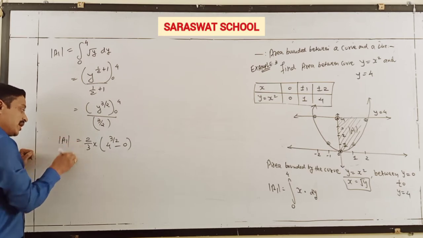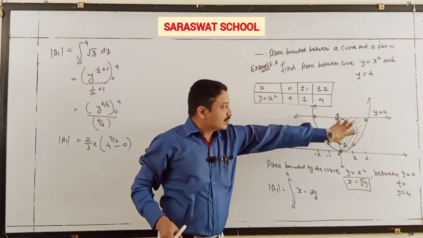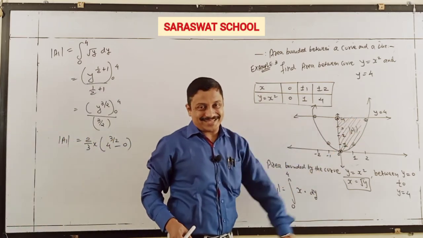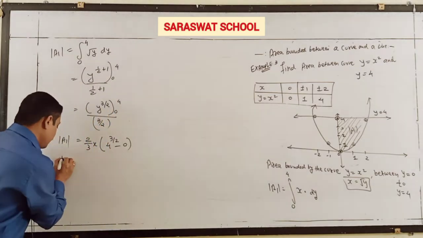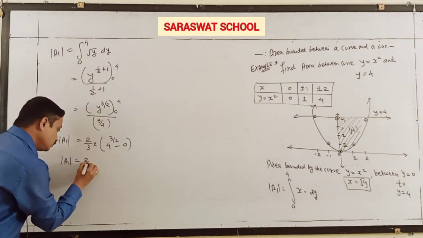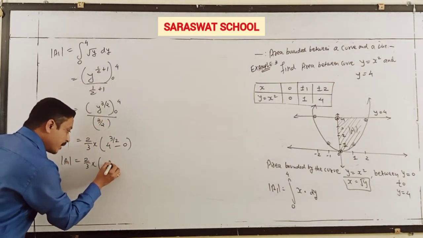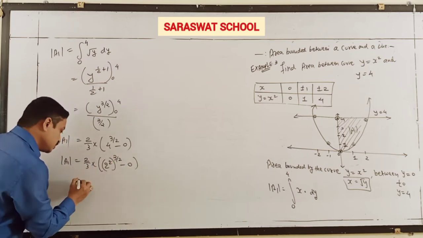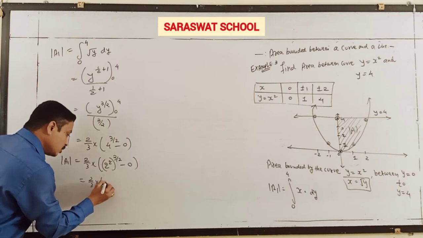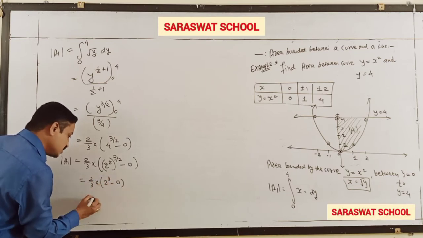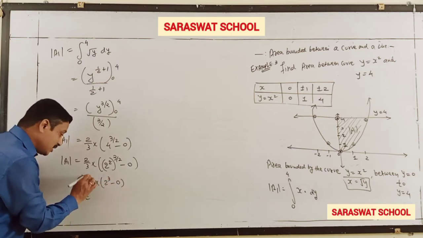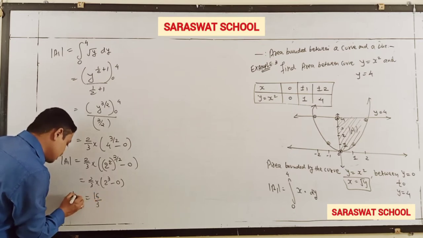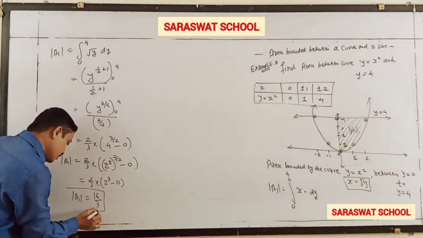That's how A1 is calculated. It means this region. So A1 is finally done. It is 2 by 3 times 2 to the power 3, the 2 cancels. Here 2 raised to 3 is 8, 2 cube is 8, and 8 times 2 is 16. So 16 by 3, A1 is coming.